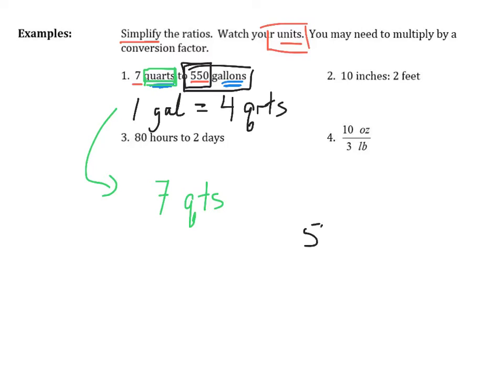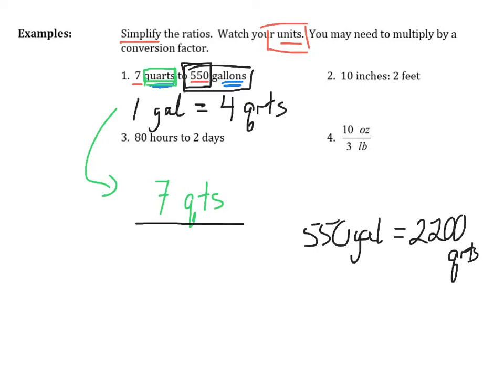So 550 gallons is going to be 2,200 quarts. So for my ratio, now I'm going to change this from 7 quarts to 550 gallons to 7 quarts to 2,200 quarts. Now they're both in the same units, and in this case I can't simplify it, so I'm just going to leave it like that.